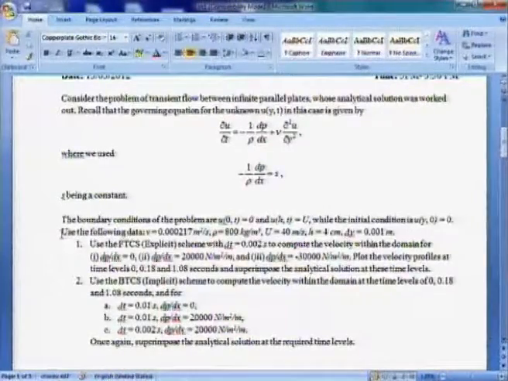Now the data is given. Obviously, for a numerical solution to work, you have to provide numbers, otherwise it will not work, right? So I am providing some numbers. This is kinematic viscosity, density, the capital U of 40, H of 4 centimeters, and I am already giving delta Y of 0.001. Has it been hard coded? That's fine, since the problem statement asks for it.